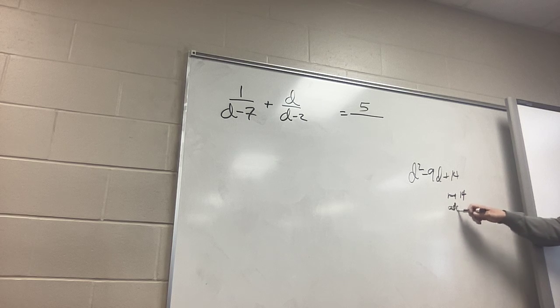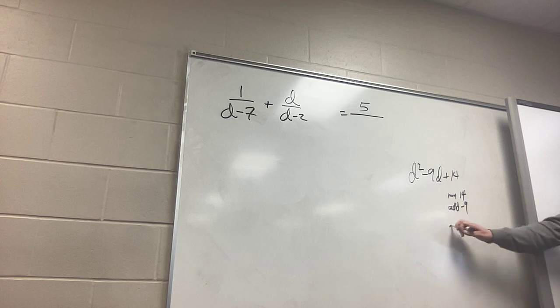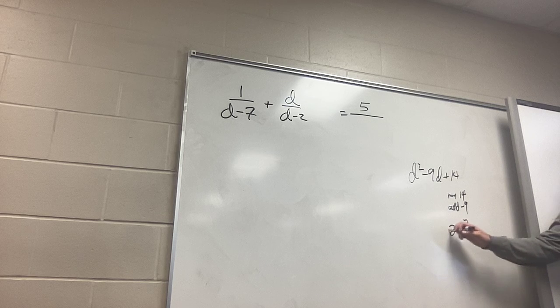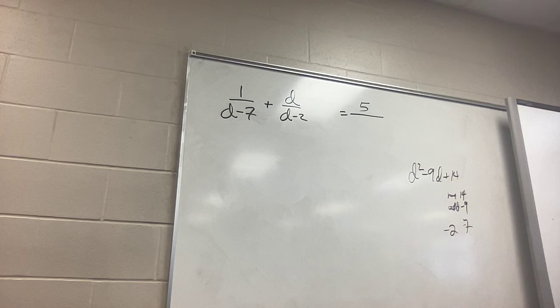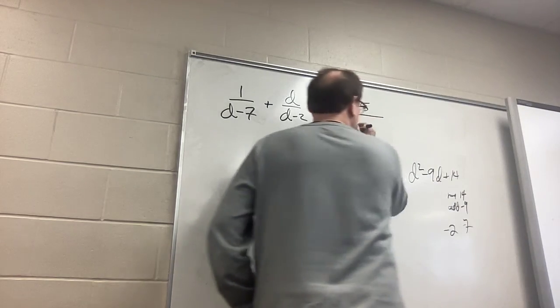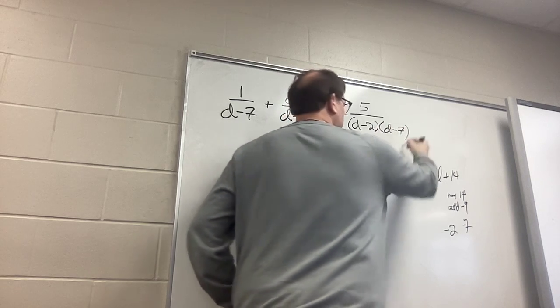I want to add to be negative 9. So 1 and 14 doesn't do it. 2 and 7 multiplies to be 14, doesn't add to negative 9. Negative 2 and negative 7. When there's a 1 out front, we can jump to the answer, and we get d minus 2, d minus 7.